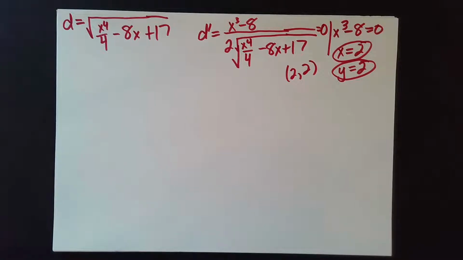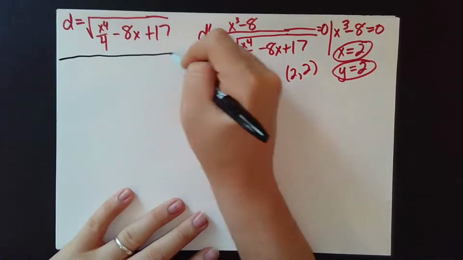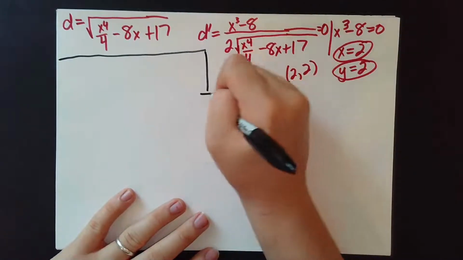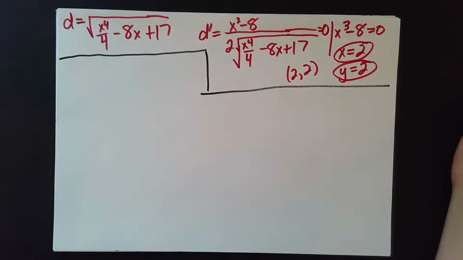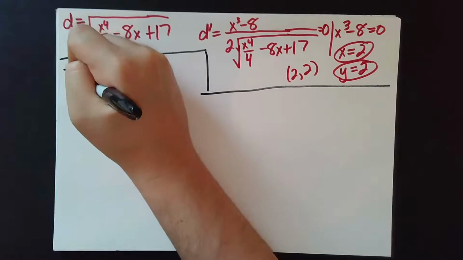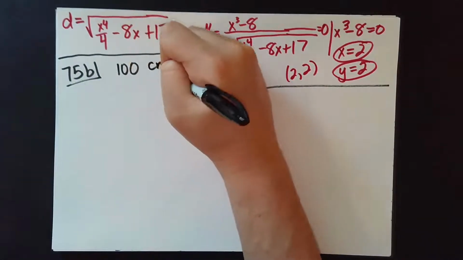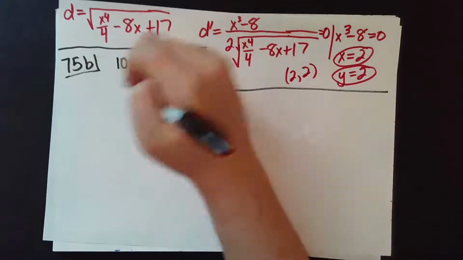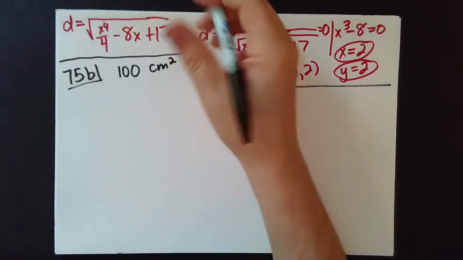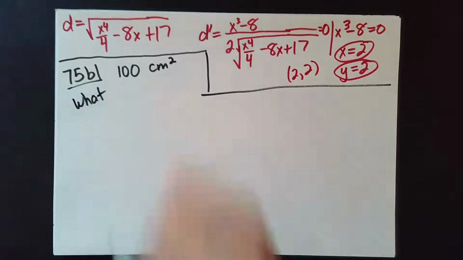I also see a 75B. Let's see, which is 75B. So 75B is the cylindrical can question that we did before, but backwards. So now we have 100 centimeters squared of material, and we want to know what's the largest volume that we can make.